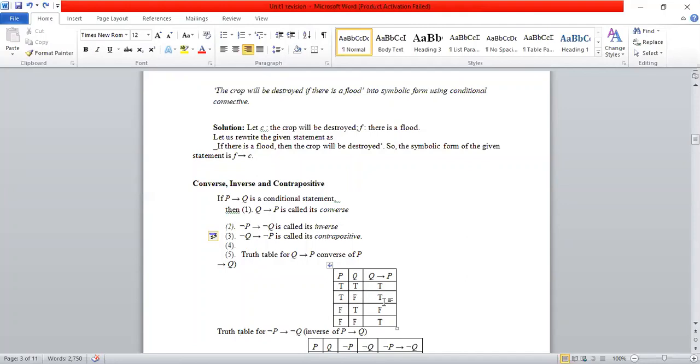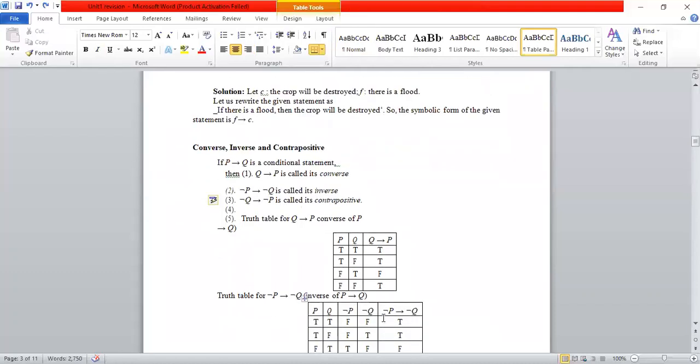False, true: true. True, false: then only Q conditional P will be false. Here it is false. False, false: true. Only when Q is true and P is false, Q conditional P is false. Otherwise, the conditional connective will have truth value true.